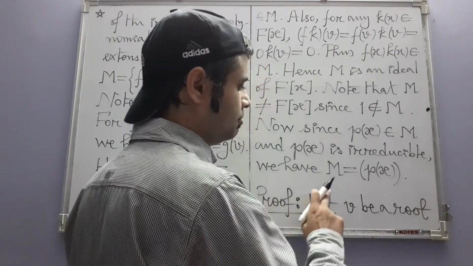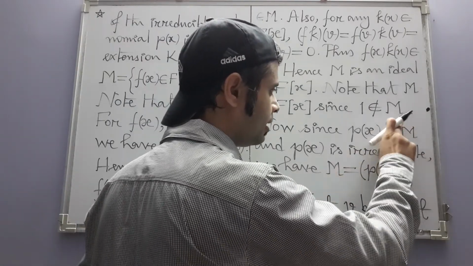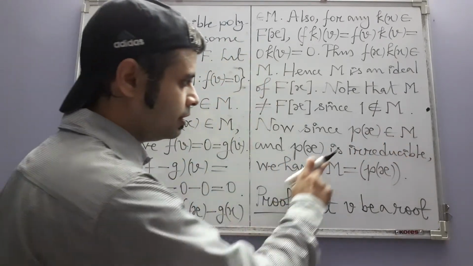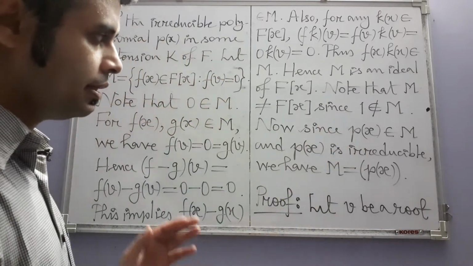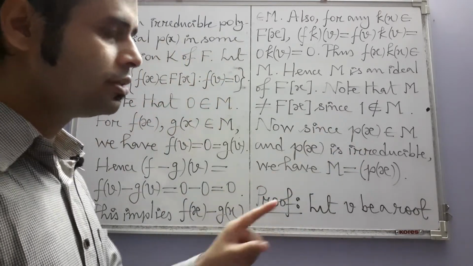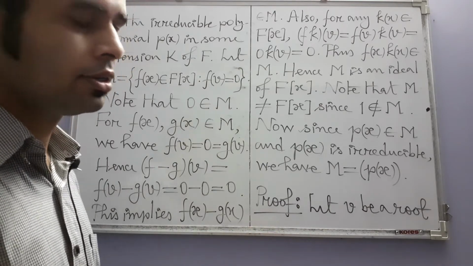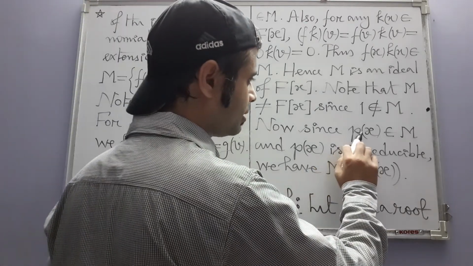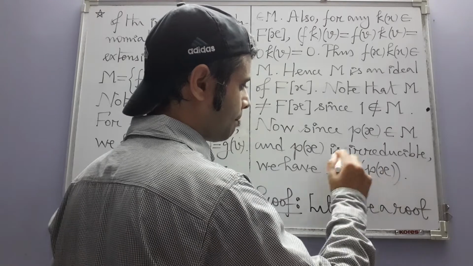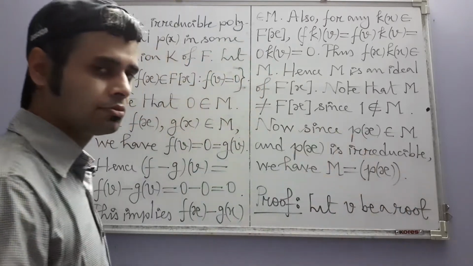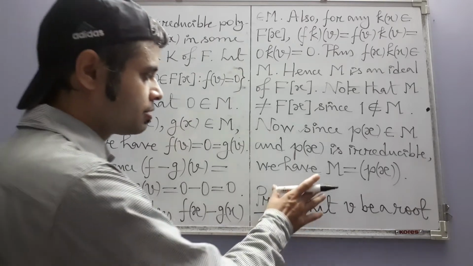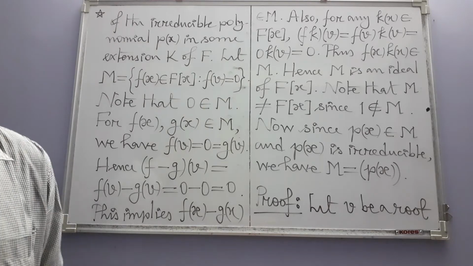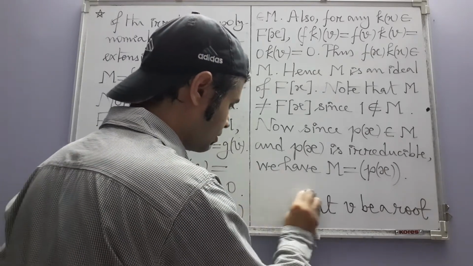So what do you have to do? You have to show that any element in M, which of course is going to be any polynomial like this, is divisible by p(x). And in showing this, somehow irreducibility of p(x) will play a role. So I leave this entirely to you. Irreducibility of p(x) will give you this. I am just simply assuming this, leaving the demonstration to you, and we move on.